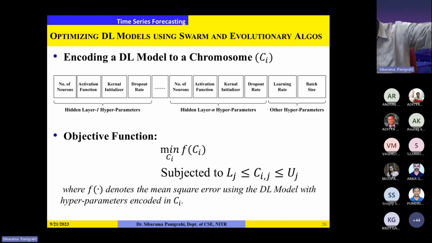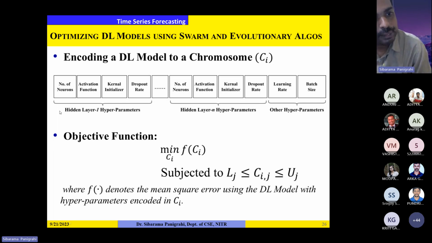First we have fixed the maximum number of hidden layers. If there are n hidden layers, for each hidden layer we have fixed 4 hyperparameters: the number of neurons in that hidden layer, the activation function, the kernel initializer, and the dropout rate.